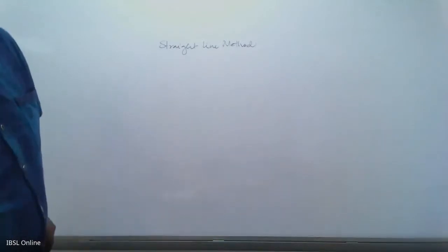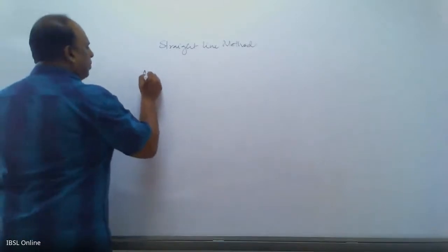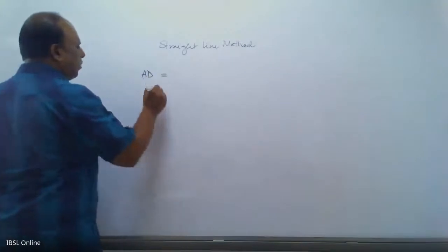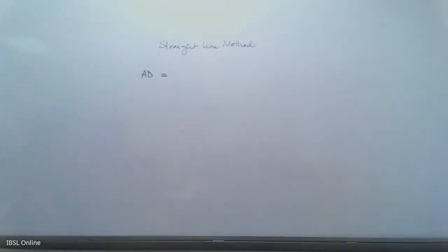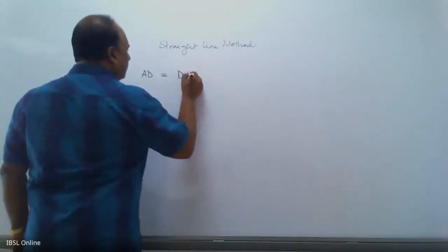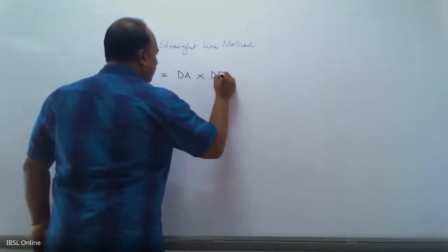Under the straight line method, I'm talking about the annual depreciation. We will go with the shorter form, AD, which is annual depreciation. The annual depreciation is calculated on the depreciable amount into the depreciation rate.